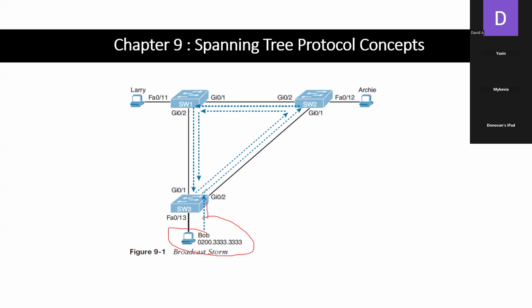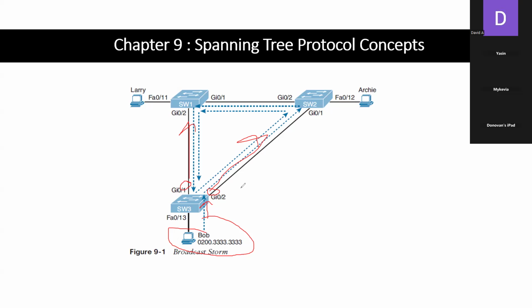So Bob sends the frame to the switch. Switch 3 says, hey, this is in a forwarding state. This is in a forwarding state. Forward that traffic out. What does switch 2 do? It does that same check.